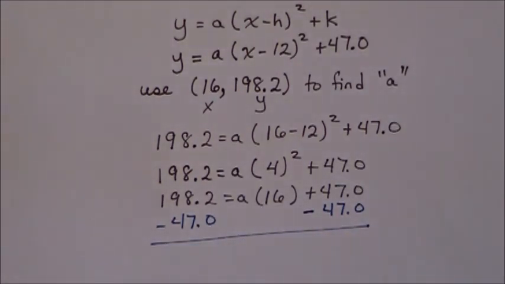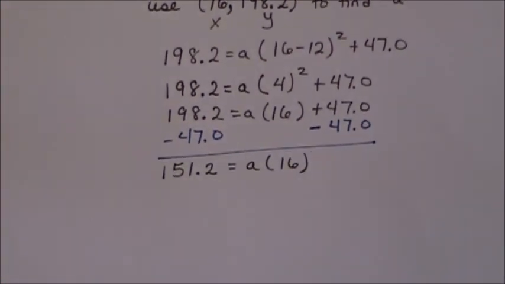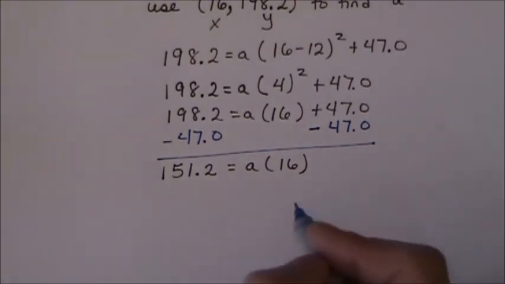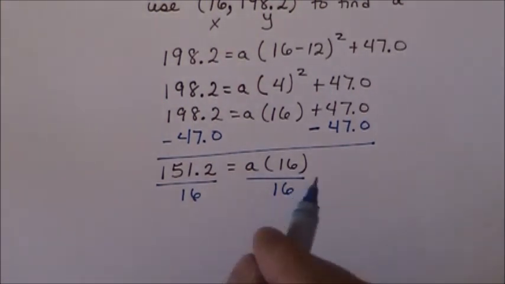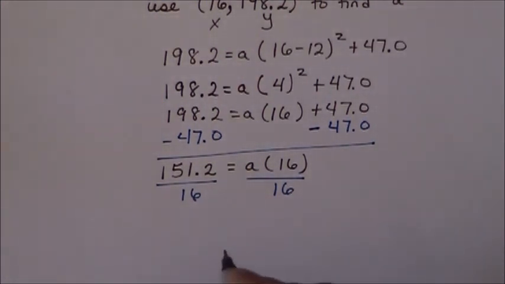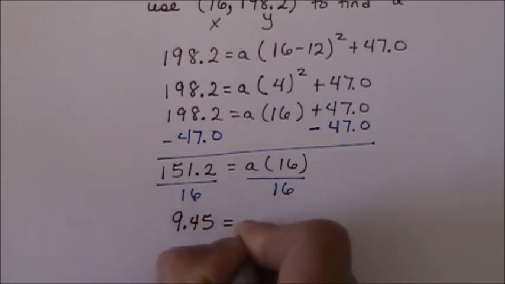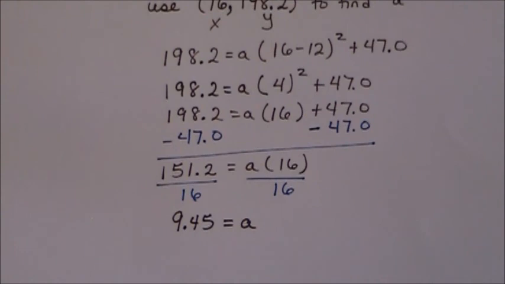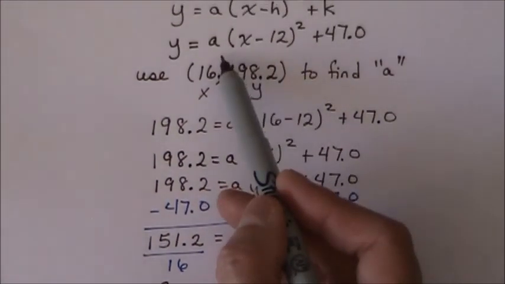When we do that, we get 151.2 is equal to a times 16. Then dividing both sides by 16, we get 9.45 is equal to a. Now this a matched up with the a that we had right here.